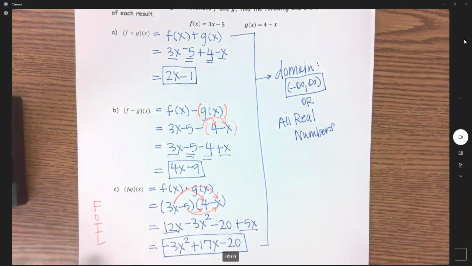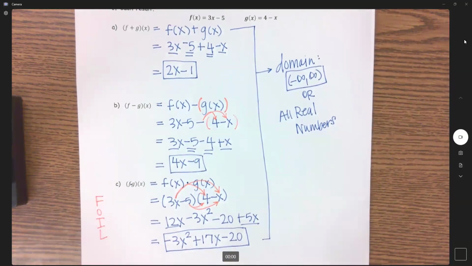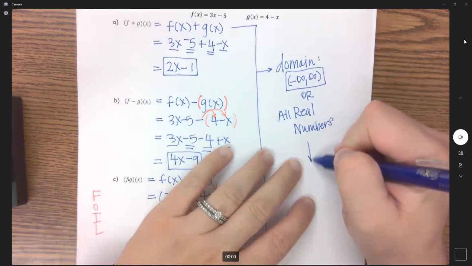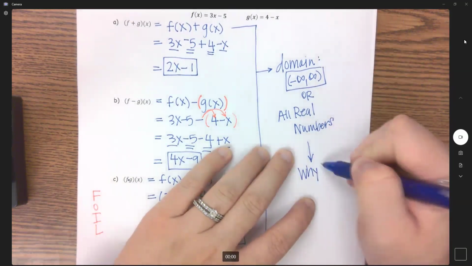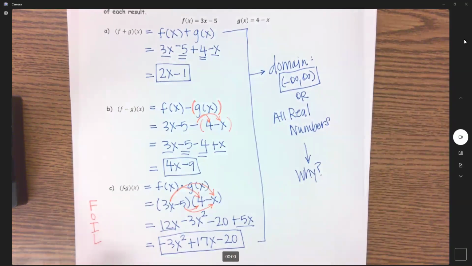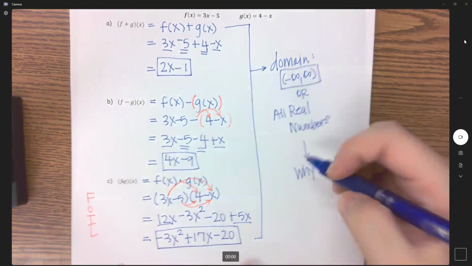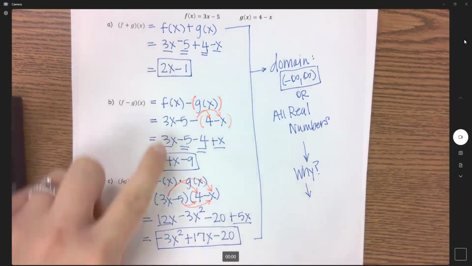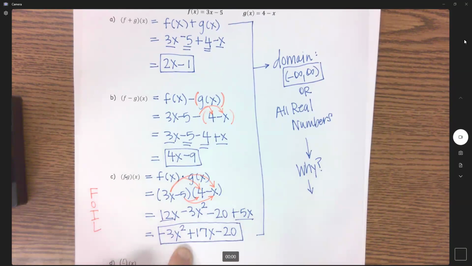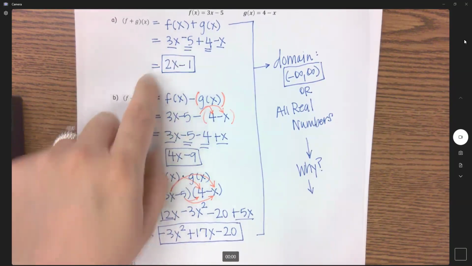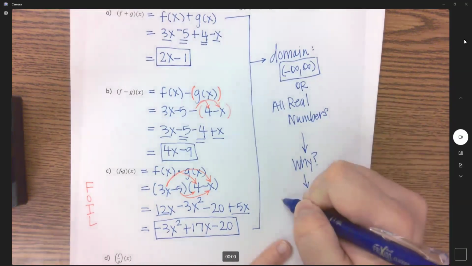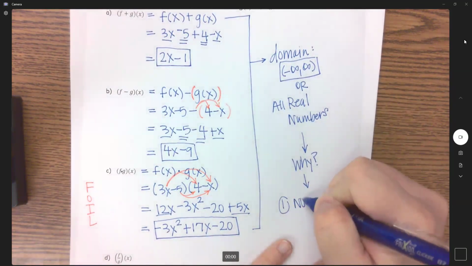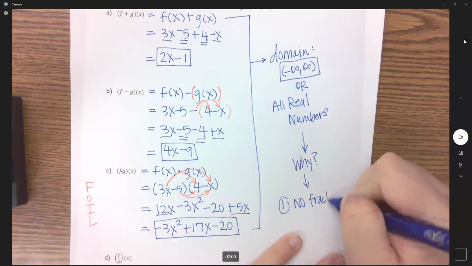Okay, it's been a while since we've done domain from equations, so why is the domain here all real numbers? Well, we have two mathematical commandments of domain. Thou shalt not divide by 0. I have no denominator, and specifically no variable in the denominator for any of those. So first, we have no fractions.